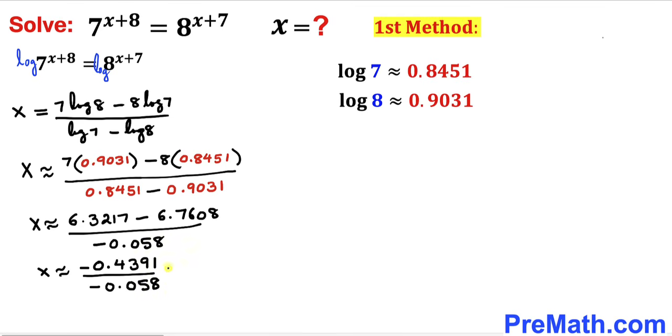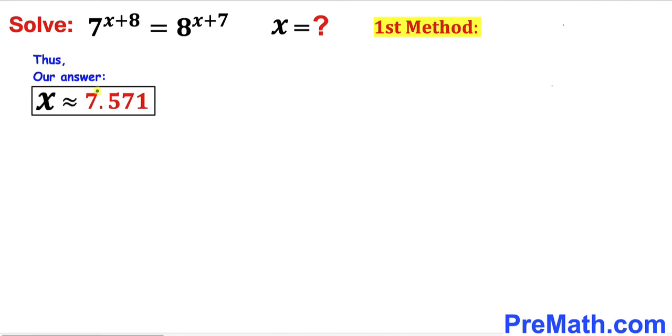And if we simplify these, that is going to give us x value approximately equal to 7.571. So thus our x value turns out to be approximately equal to 7.571 by using the very first method.